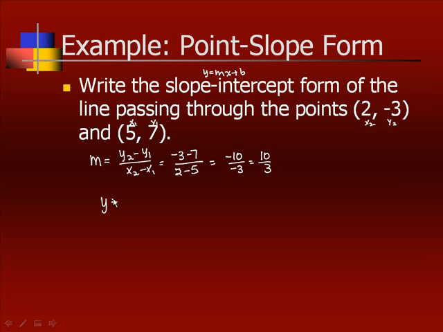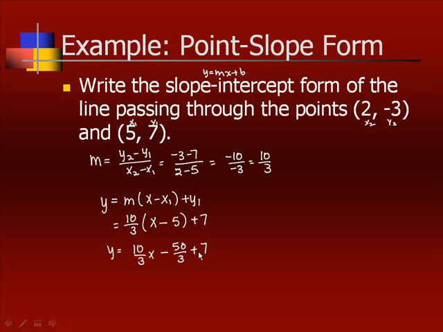Now we're going to go into our point slope formula, y equals m times x minus x1 plus y1. So we get slope, which is 10/3, times x minus 5, plus 7, using my x1, y1. So y is equal to, distributive property says, 10/3 x minus 50/3 plus 7. Well, let's come off to the side.